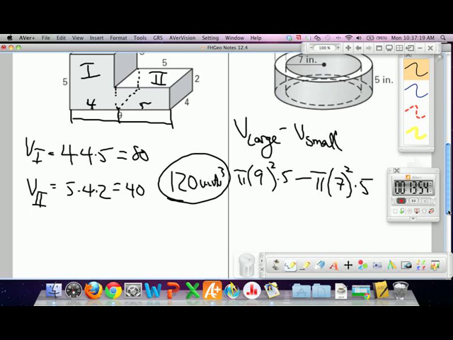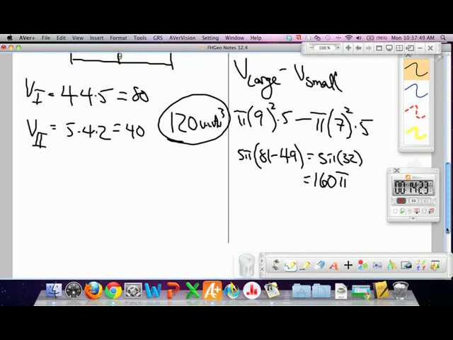To solve this exactly, I'd factor out the pi and the 5 from each of these. And you're left with 5 pi times 32. 5 times 32 is 160. The exact answer should be 160 pi cubic inches, I believe.